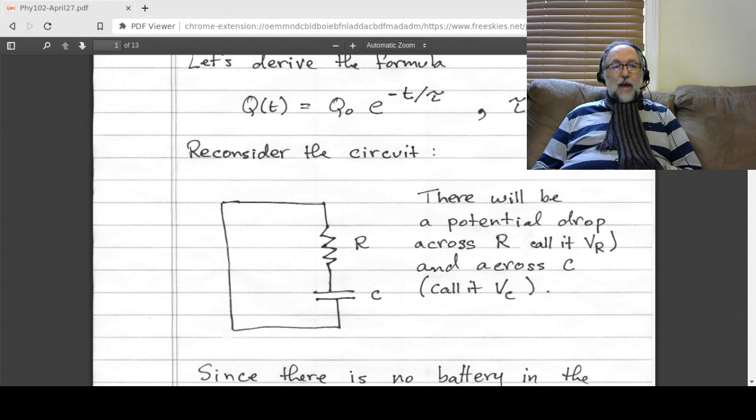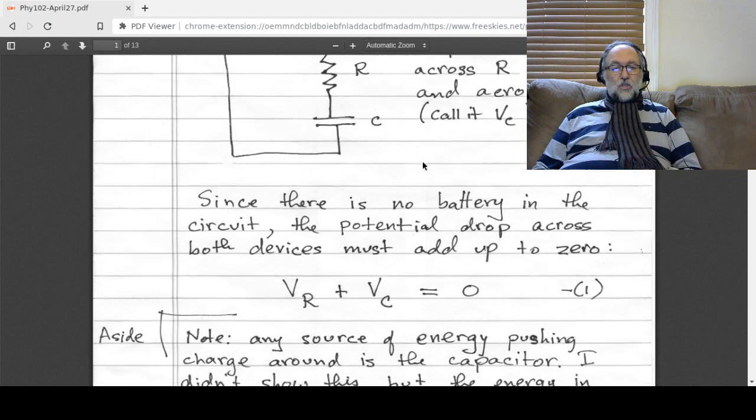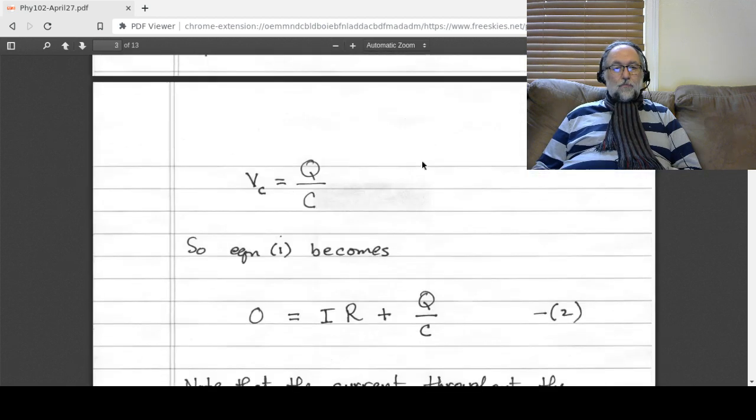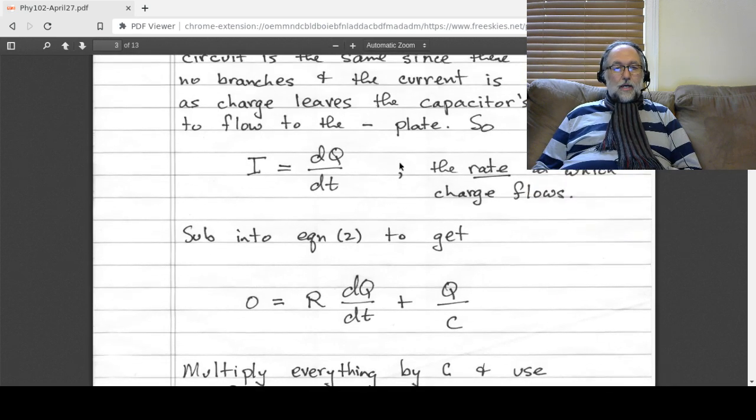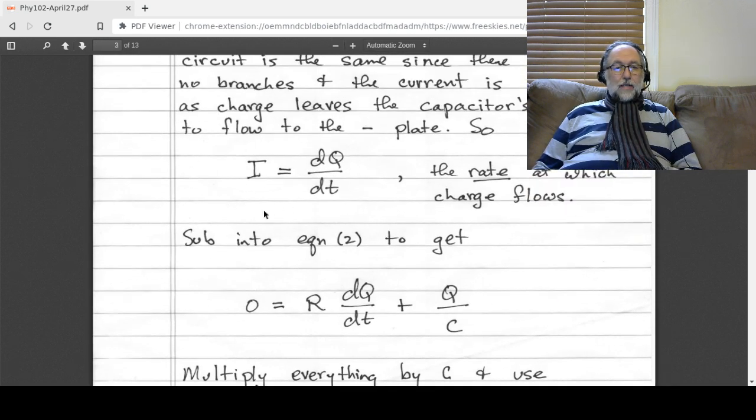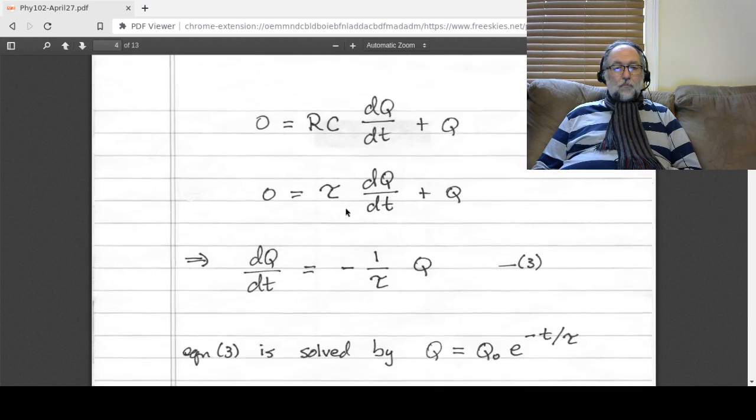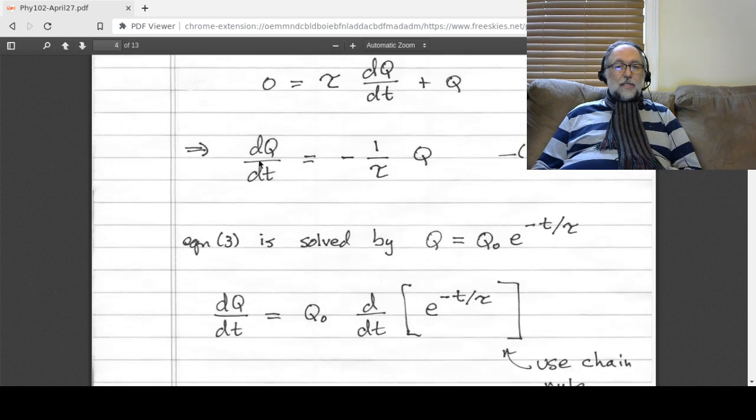Let's switch back to this. I was going to show you one other thing, and I got sidetracked answering your question. Not that that's a problem, but let me show you here. I is equal to dq by dt. If you actually work it out, dq by dt turns out to be minus 1 over tau times q.